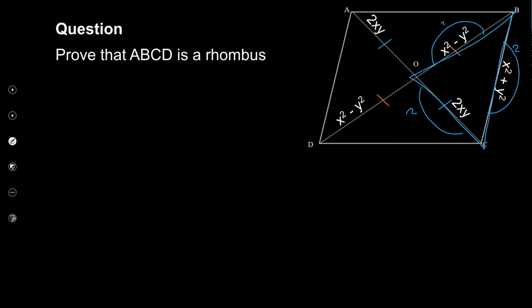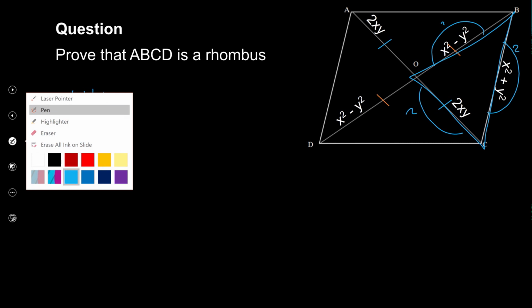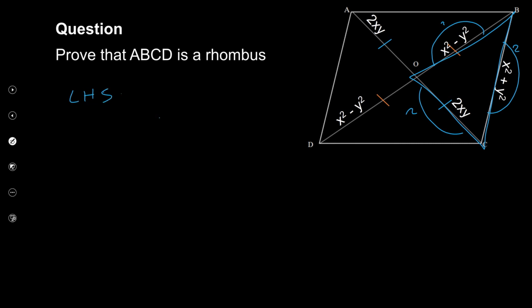So let's quickly try and do that. So I will first say the left-hand side, right? Let me write it as the left-hand side. So I will say the left-hand side will be, let's take it as the hypotenuse side, x squared plus y squared, right? Now I must square this.